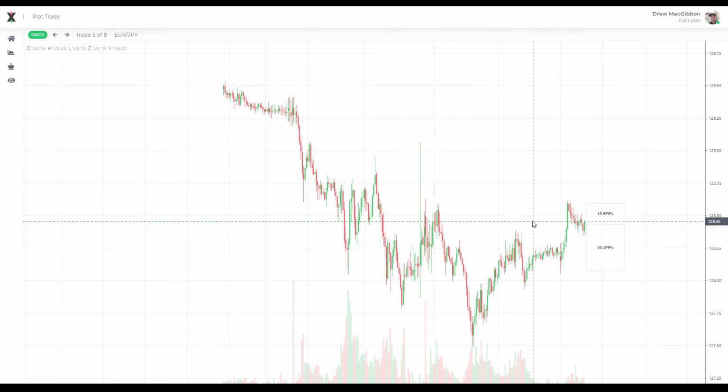We created a lower low, lower low, then we've bounced up, created a higher high here, and a lower high, a higher low, and another higher high. So this is a trade where if I'd spent a little bit more time looking at it, I probably would have been a bit more hesitant.